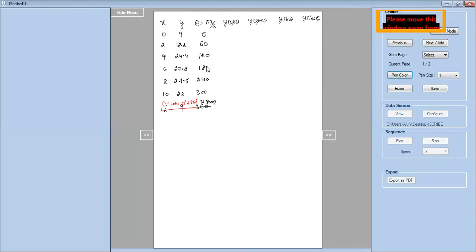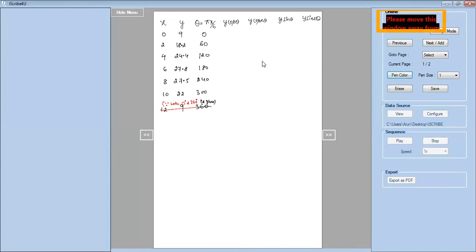So by leaving this, let us calculate the remaining thing. Now, what happens to y cos theta, y cos 2 theta, y sin theta, y sin 2 theta? Let us calculate all these things. So just type in the calculator and find out these values. Can you find out these values? I'm going to leave it for you.